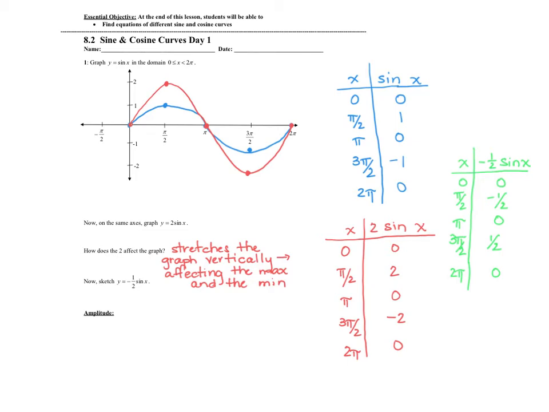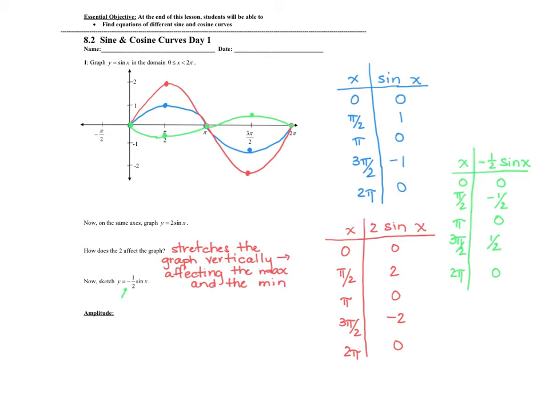So if I graph those points of 0 at 0, negative 1/2 at pi over 2, 0 at pi, 1/2 at 3 pi over 2, and back to 0 at 2 pi, if I connect those points, you can see that multiplying by a number between 0 and 1 is going to shrink the graph vertically, but the negative sign is actually causing the graph to flip, right?